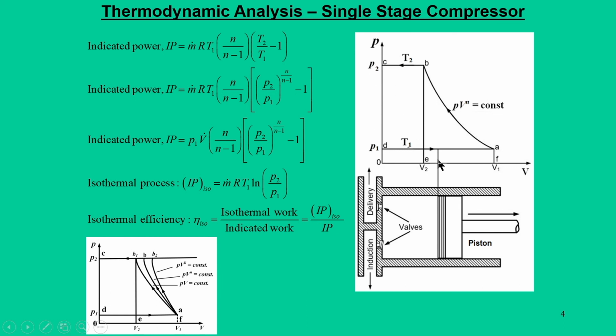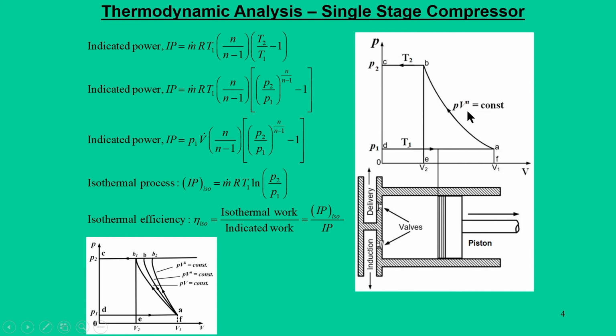The very basic bottom line is that at the end of our compression process, the gas undergoes a pressure change from P 1 to P 2 by following a thermodynamic compression process, the polytropic process, that is P v to the power n is equal to constant.